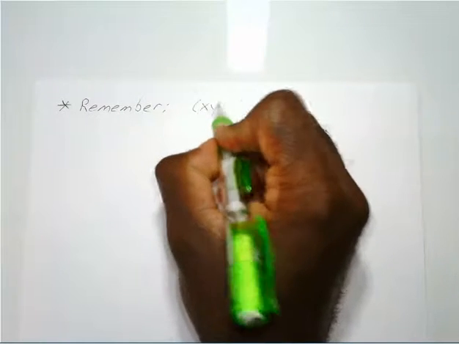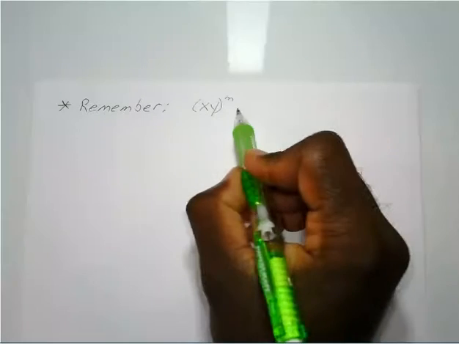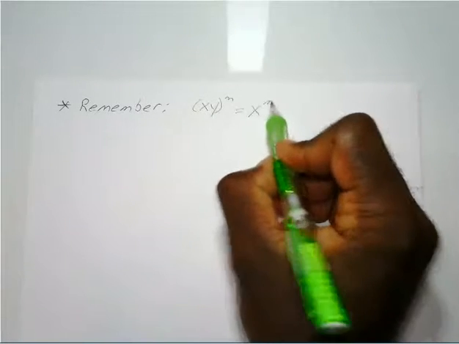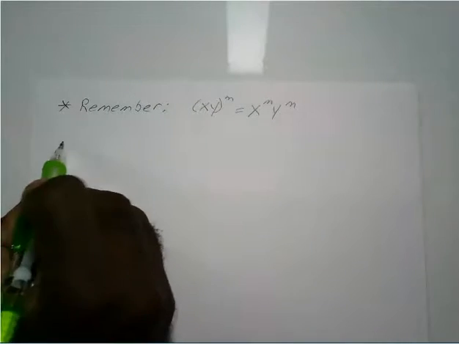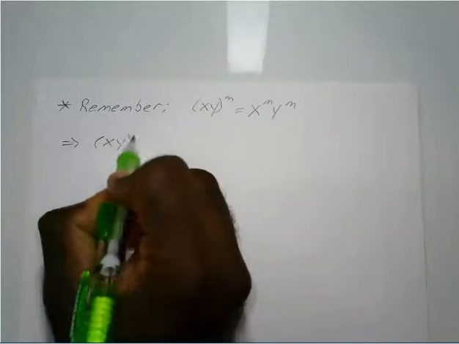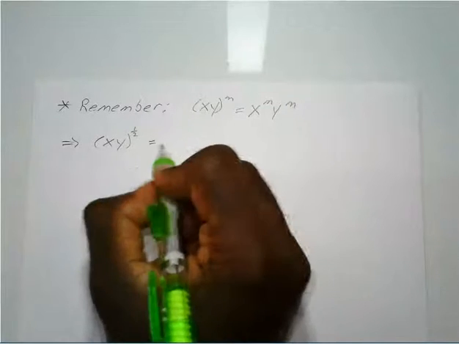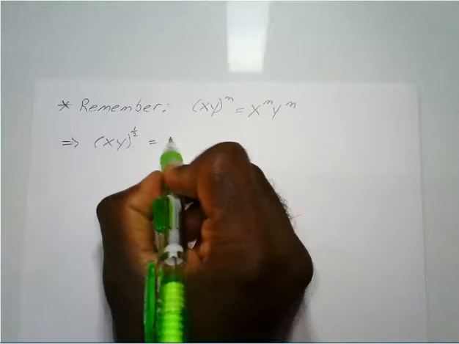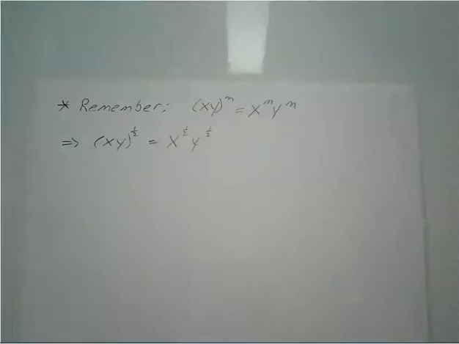So if you have x times y to the power of m, that's equal to x to the power of m times y to the power of m. Okay, so if you think about it this way, let's say you have x times y to the 1/2 power, which is equal, remember we just distribute that exponent, so you have x to the 1/2 power times y to the 1/2 power.